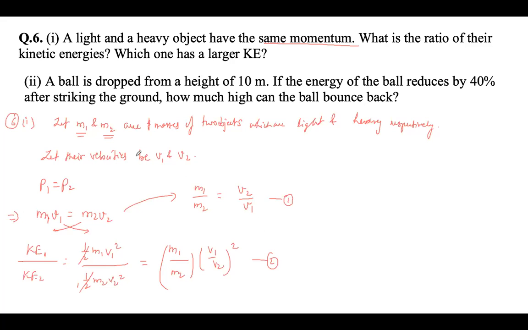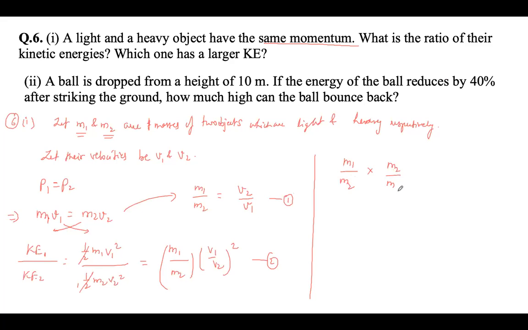We know m1 and m2 are the masses of the lighter and heavier objects. हम लोगों को रेशियो निकालना है, which one, ratio of their kinetic energies, right? So ratio of their kinetic energies अगर हम लोग को निकालना है, this will be equal to m1 by m2 into v1 by v2 whole square. So v2 by v1 is m1 by m2. So v1 by v2, the reciprocal of this, will become m2 by m1.